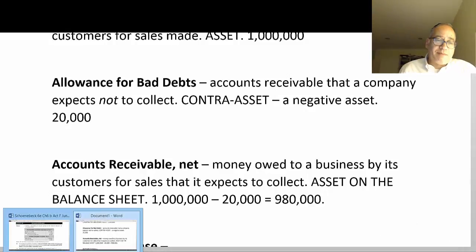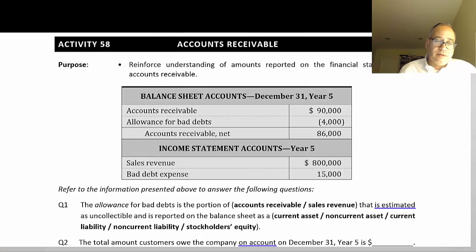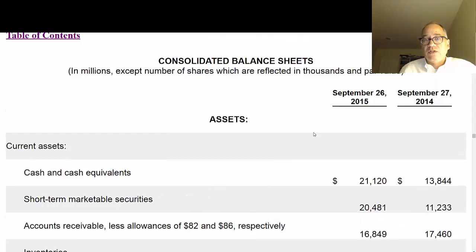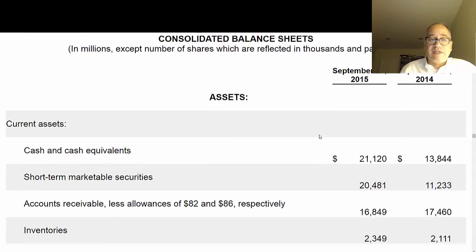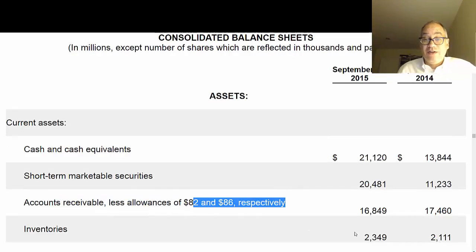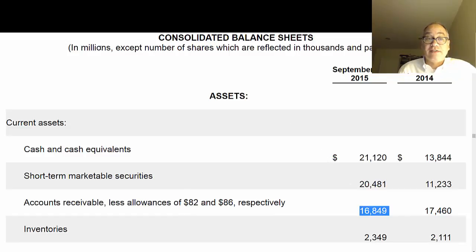If we look here at Apple's balance sheet, this is Apple, September 26, 2015. One of the items is accounts receivable less the allowance of 82, which is 16,849, and this is in millions, so this is really $16,849,000,000 owed to Apple by its customers.